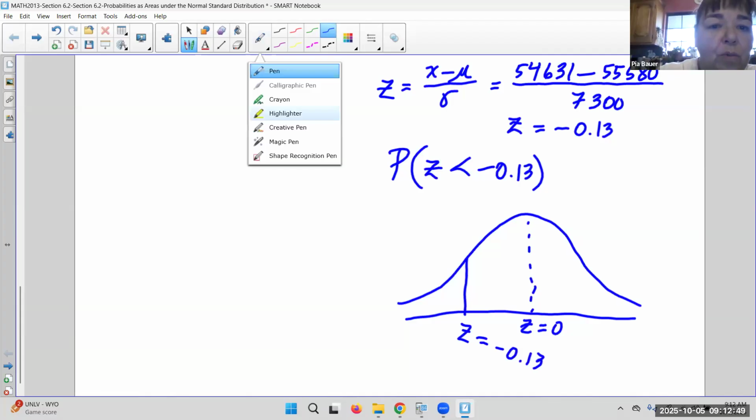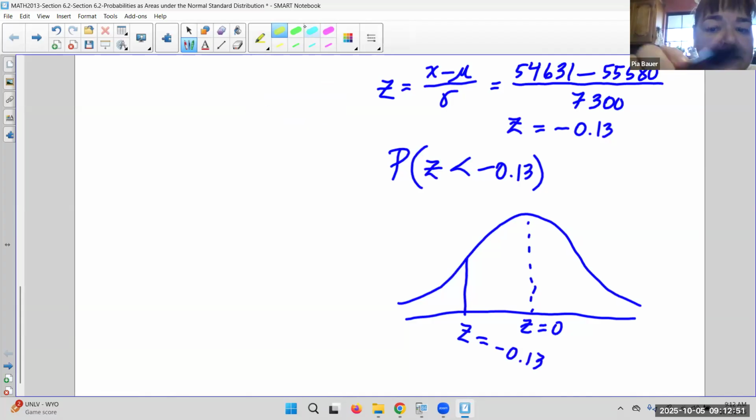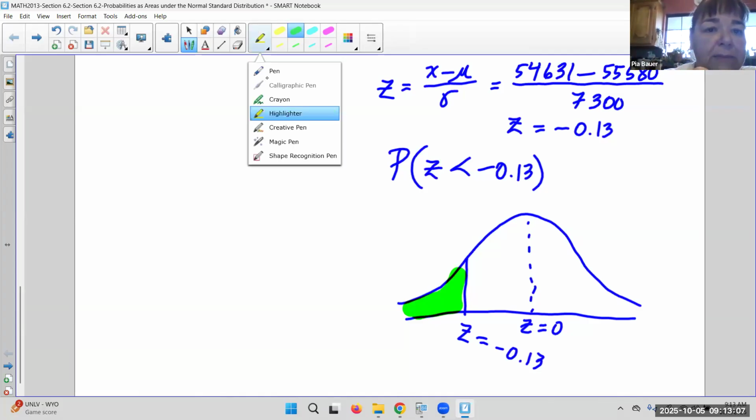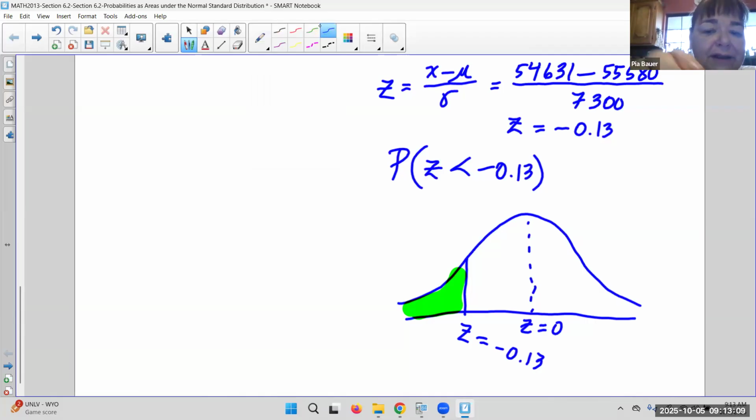So we want the probability that the z-score is less than that negative 0.13. So we want this area here. So when we're using option 2 on the calculator, we need to think about a lower limit and an upper limit for this area.